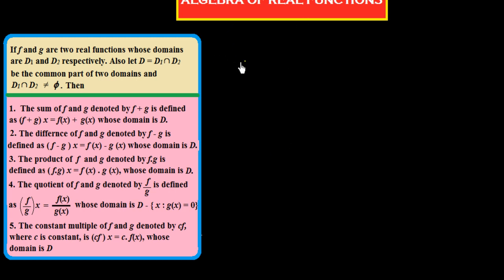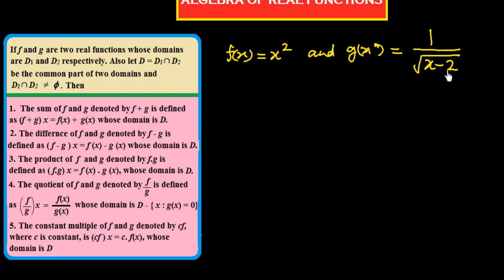First I write that we have a function f(x) which is x square, and we have another function g(x) which is 1 over root of x minus 2.